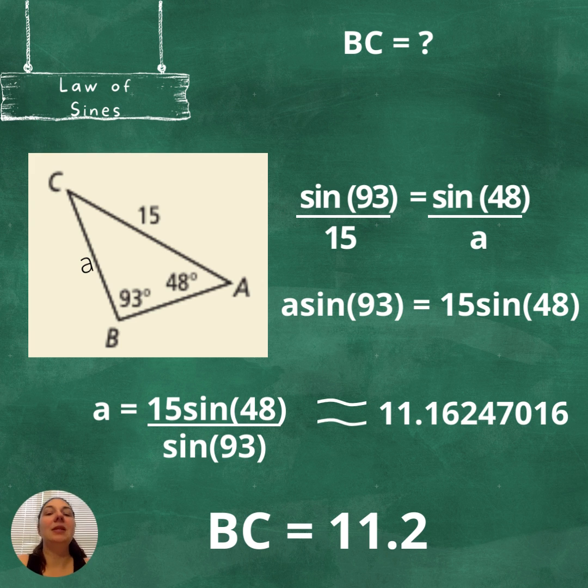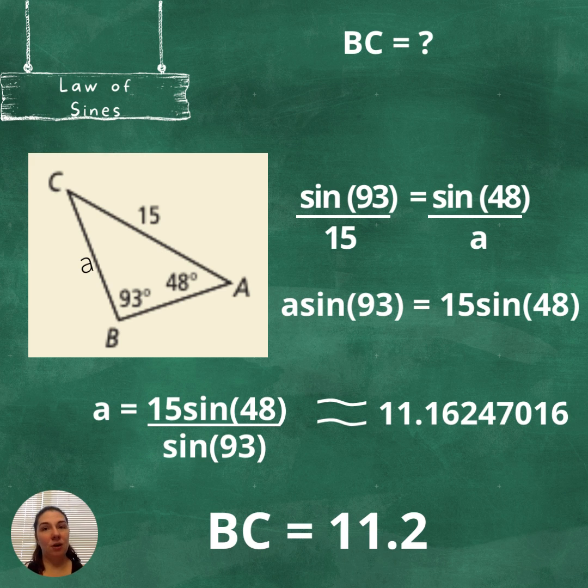Now, applying the law of sines, we have the sine of 93 over 15 because, again, you want the sine of the angle over the side that's opposite of it. So sine of 93 over 15 equals the sine of 48 over a. So we know a is what we're solving for. What we're going to do next is apply cross products. So when you solve proportions, you multiply on the diagonals.